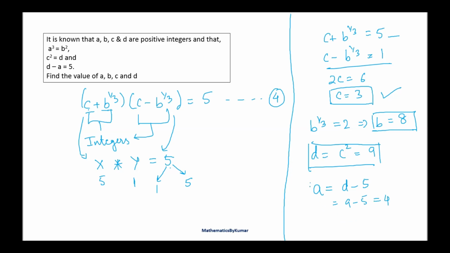So A is equal to 4. This is the only possibility that you'll get with this set of equations. If you can find any other set of values, please comment and let me know. I don't think there is, but if you can, please let me know.